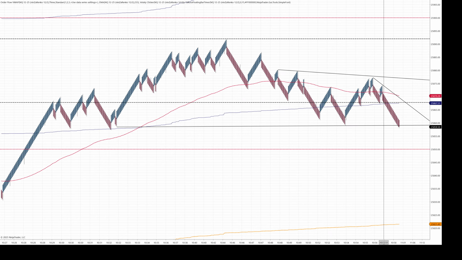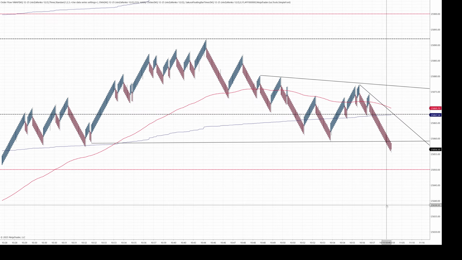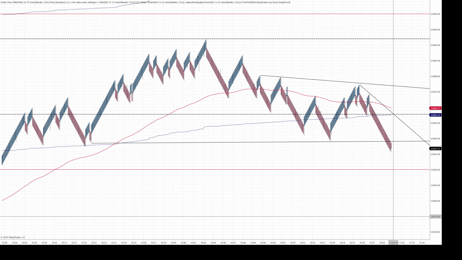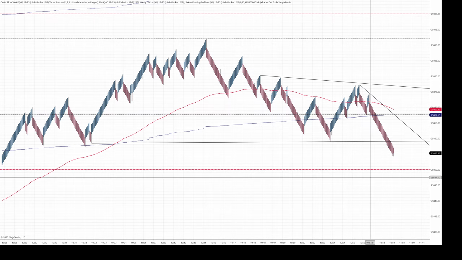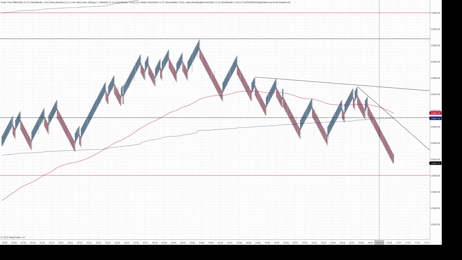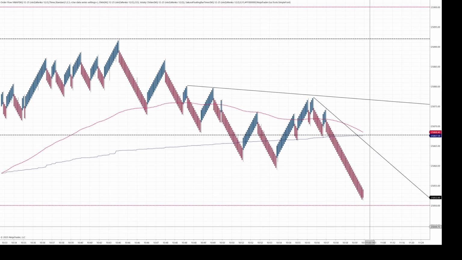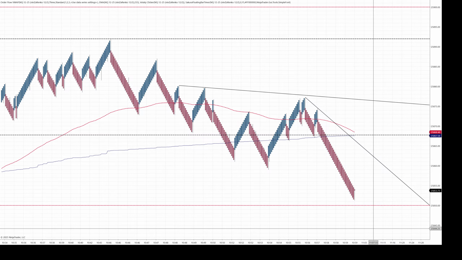Again, assuming that the runway is clear, right? So far, the runway is clear if we get the reversal.